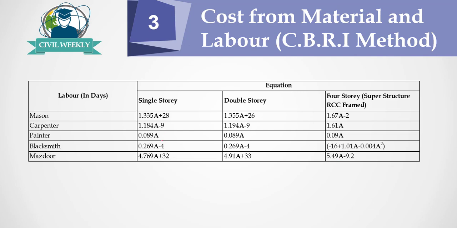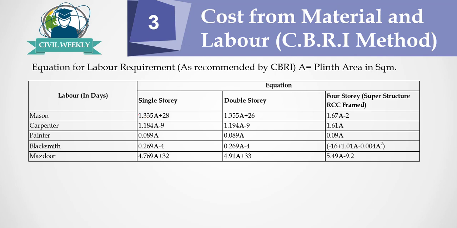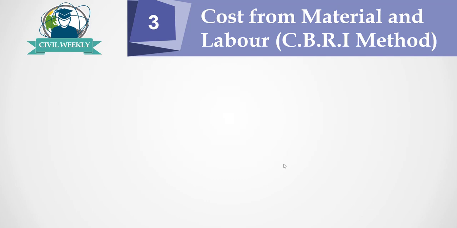If you solve these equations, you will get the quantity of mason for single story, double story, and 4-story structure. The A mentioned in each and every equation is your plinth area in terms of meter square. So we'll take one numerical based on it.